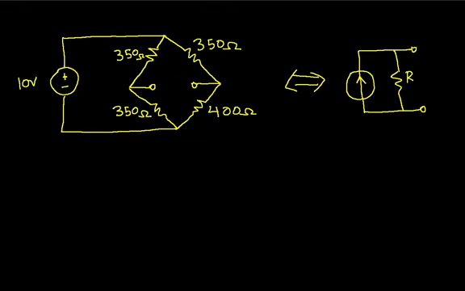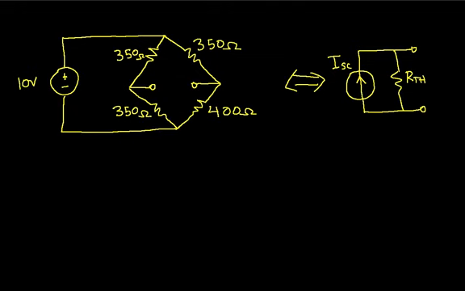The resistance we call RTH because it's the same as the Thevenin equivalent resistance, and we need to find the short circuit current. So the steps involved in doing this are to find RTH and ISC. We'll find RTH in two ways.